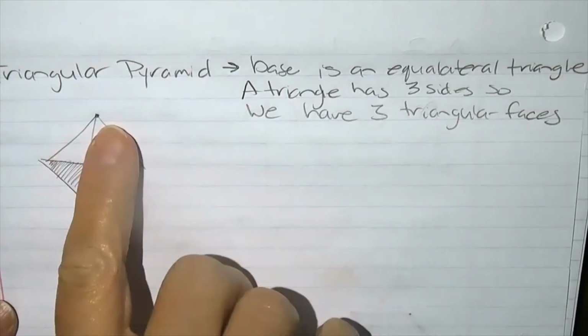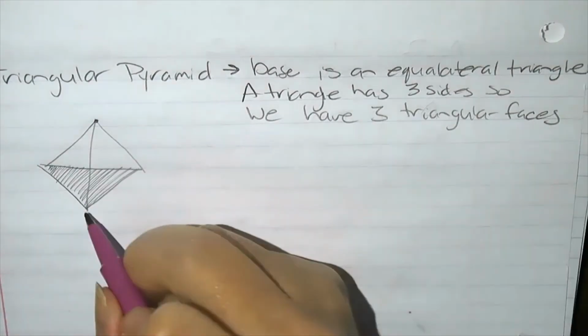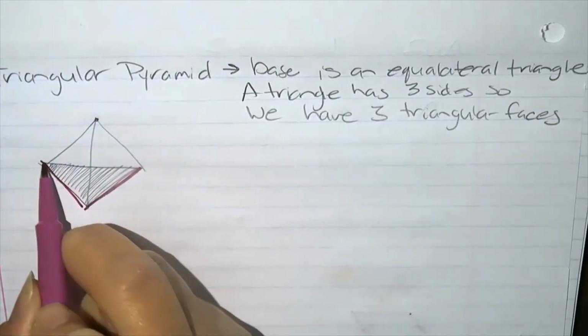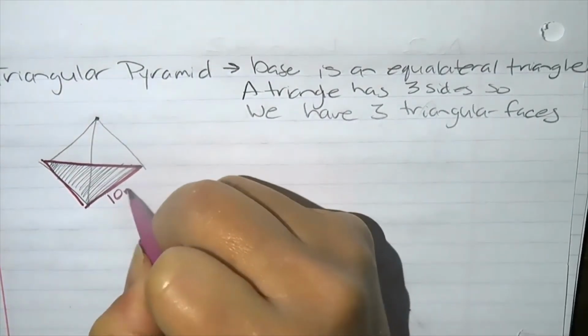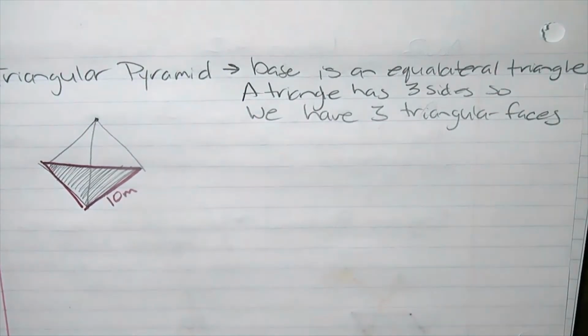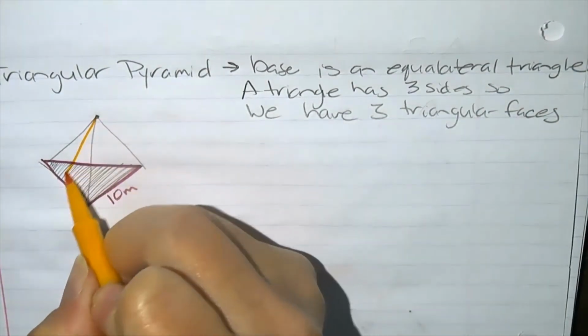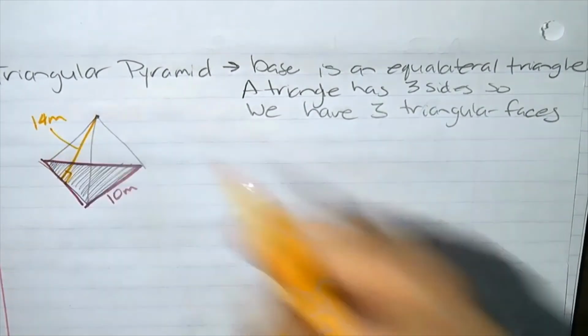So this is my triangular pyramid. And they're telling me this is my base, and the length of this edge is 10 meters. This gets really messy. The height of the face is 14 meters.